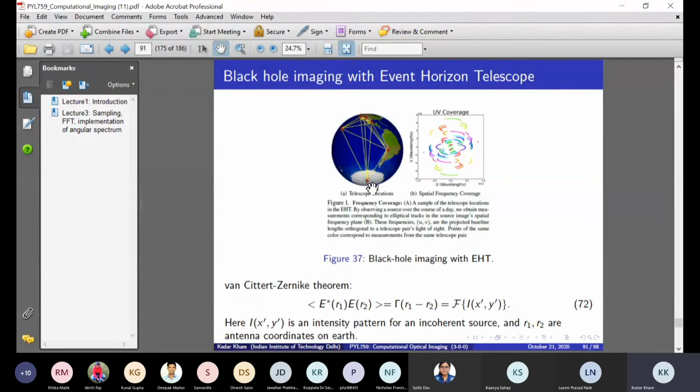But if you can go even beyond this, you can see that the way the antennas are spread out, there are these vectors available, R1 minus R2, which are very, very large, and probably larger vectors you cannot achieve on Earth. Then you have to have the antennas floating in space somewhere and give you the data and do the correlations that will give you bigger coverage in Fourier space, and you will get more resolution.